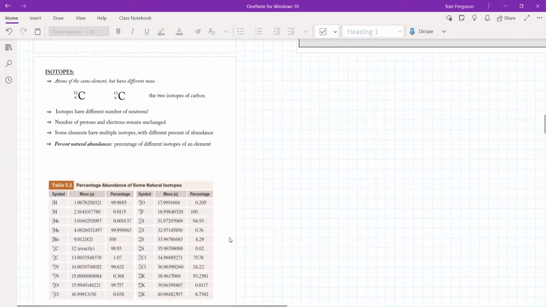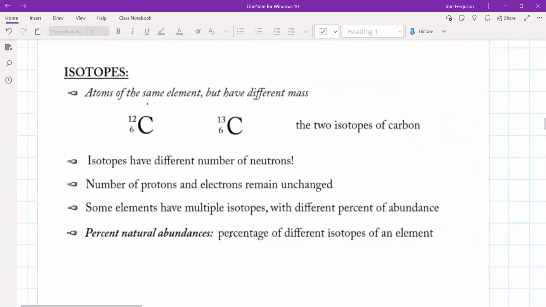Reiterating, an isotope has the same number of protons but a different number of neutrons, and that's reflected in the number up here. Notice the number of protons is the same, so they're both carbons because it's 6 protons.